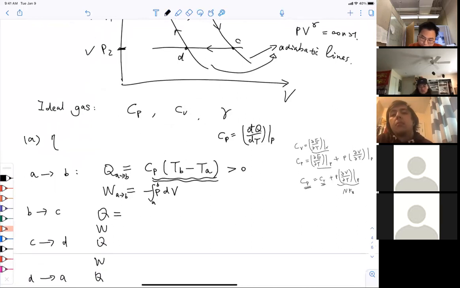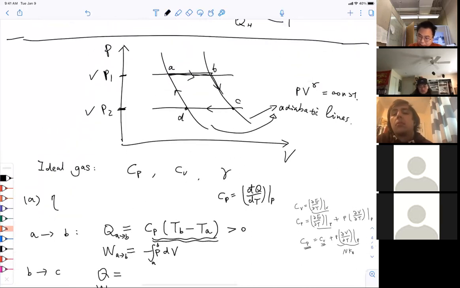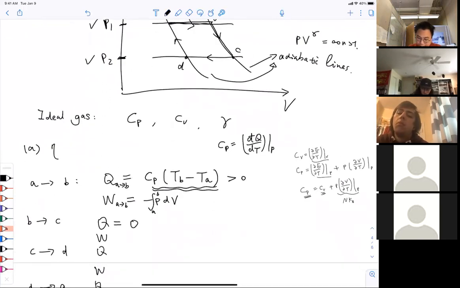From B to C, it's an adiabatic process, so Q is zero. There's no heat exchange. And the work, similarly, let me just write down formally as this integral.